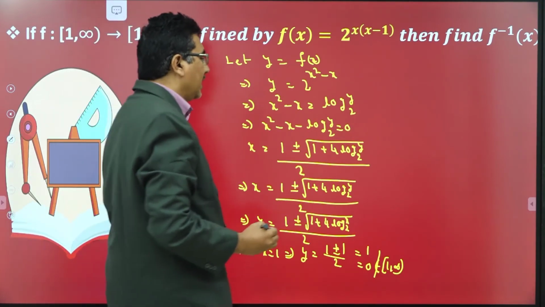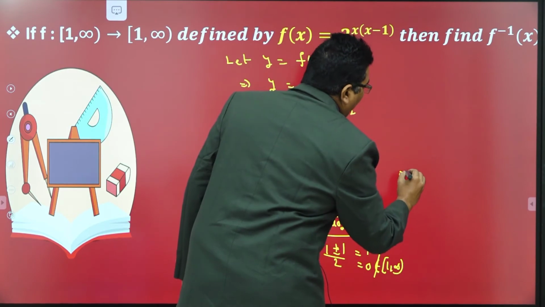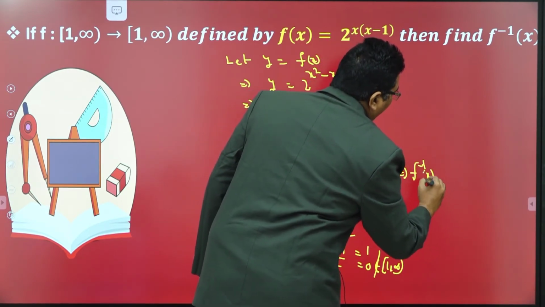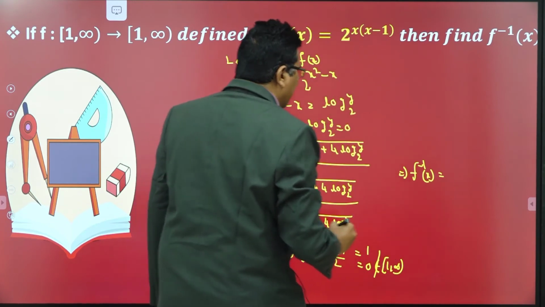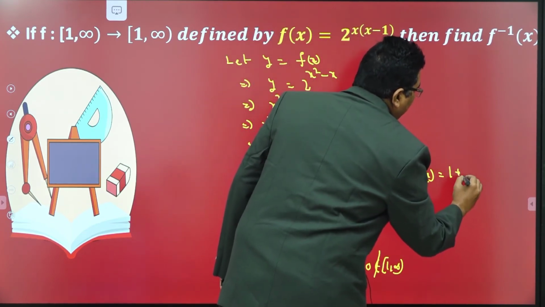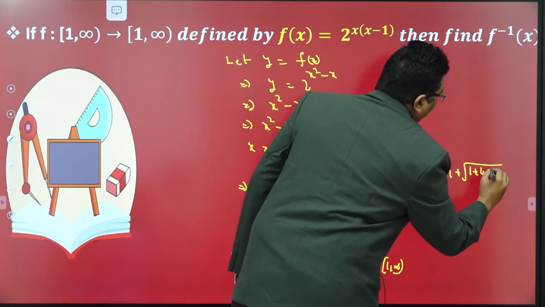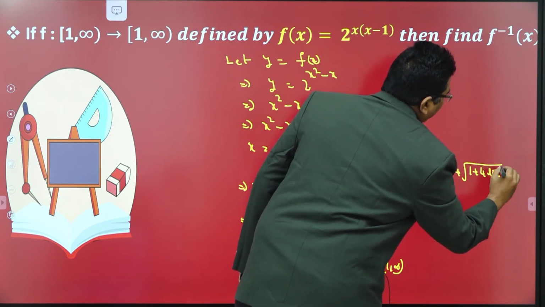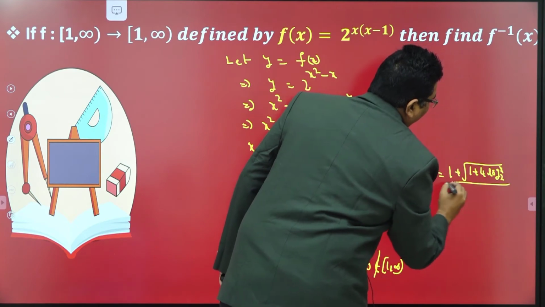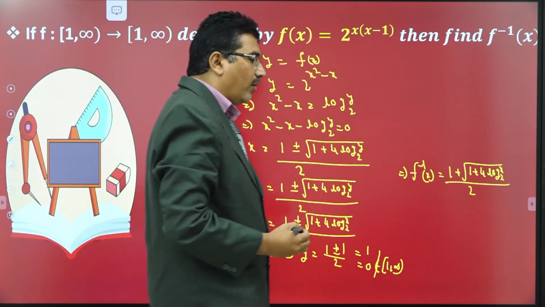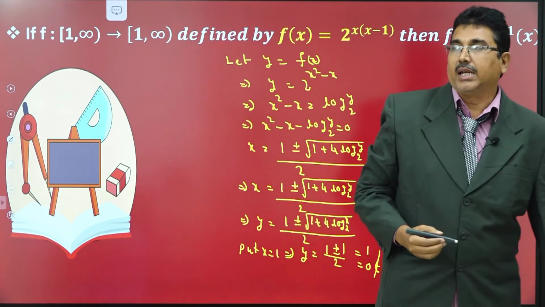That implies f inverse of x is equal to 1 plus square root of 1 plus 4 into log x base 2 divided by 2. This is the inverse of f.